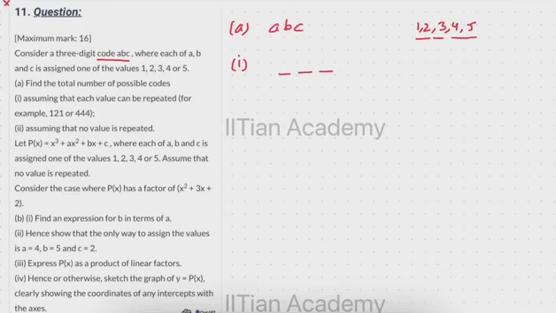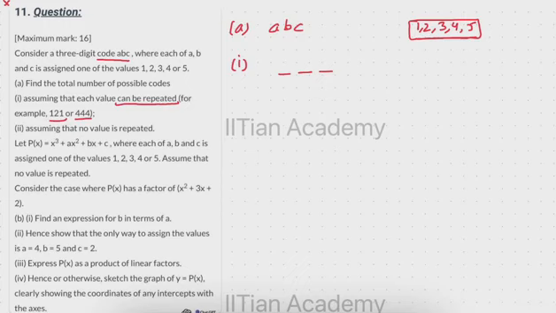So we have 3 spaces to fill up, and there are 5 digits to use to fill up those 3 spaces. In the first part, it is said that any value can be repeated any number of times. That is, even 444 is accepted, 121 is also accepted, or 123 is also accepted.